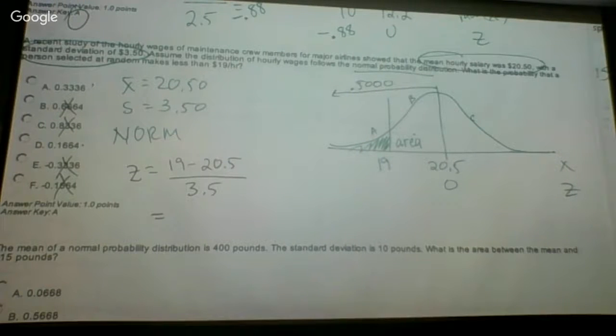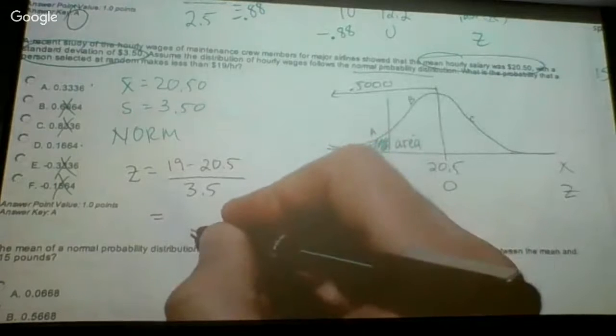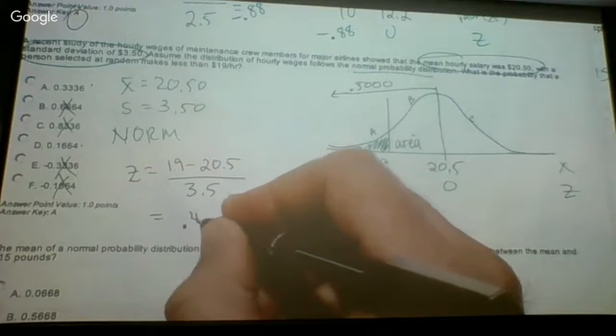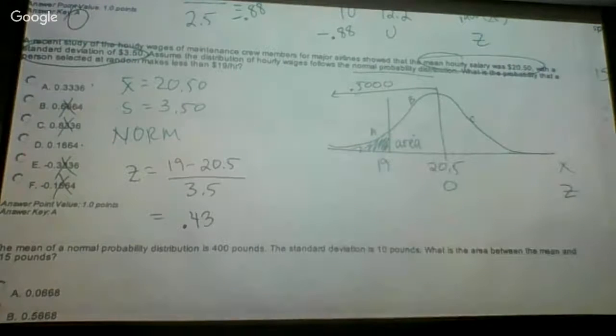No, that's not a decimal, but it's close. What's the z-score here? Bert? Two decimal places? What did you tell me it was? 0.42, 0.43. We're around 0.43. What is it? 0.427 and change, I think.